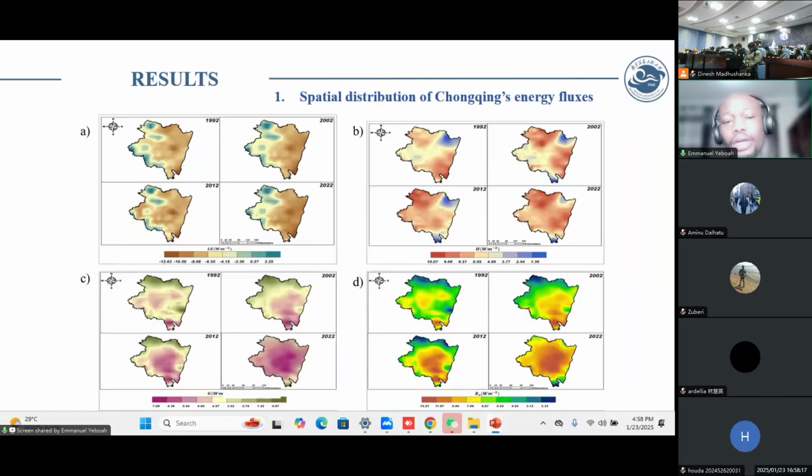As we all know, latent heat is fueled by these natural surfaces. As time goes on, you can see that latent heat is decreasing as a result of natural surfaces being replaced by impervious surfaces, which tends to reduce evaporation and evapotranspiration rates.